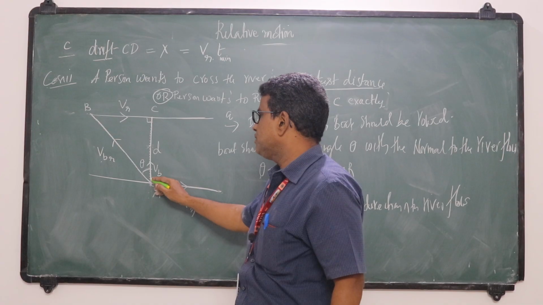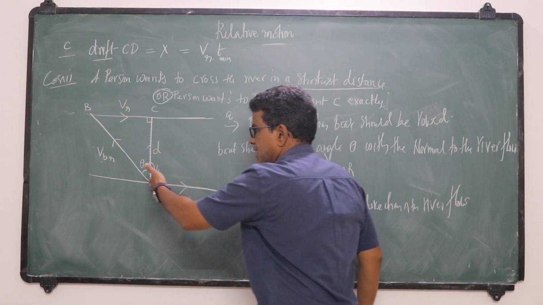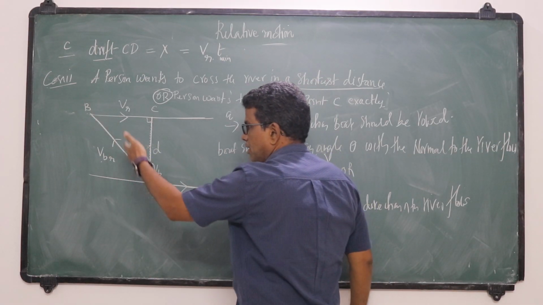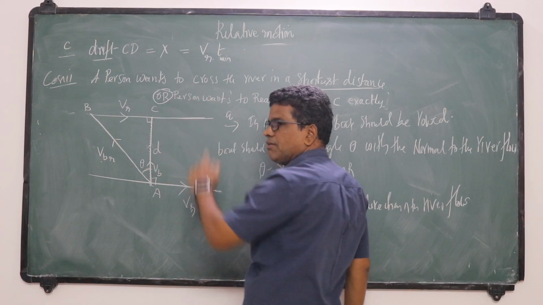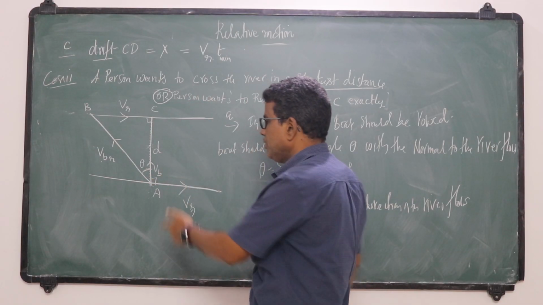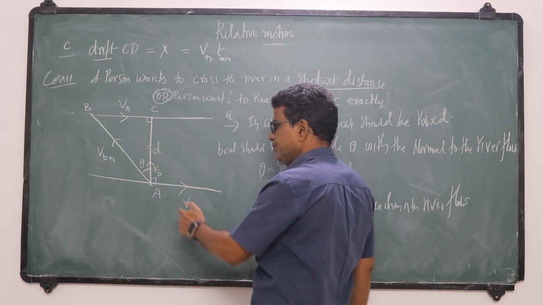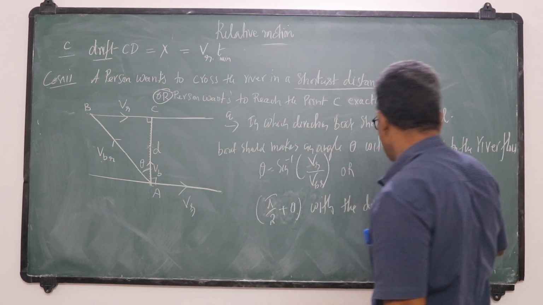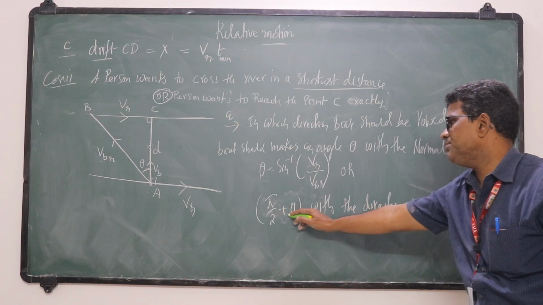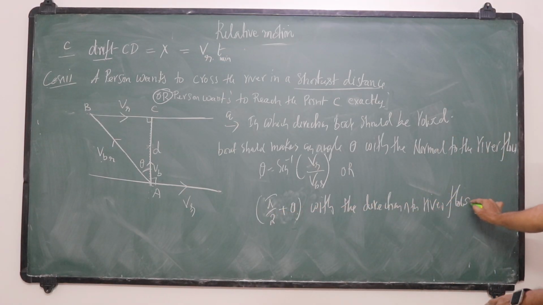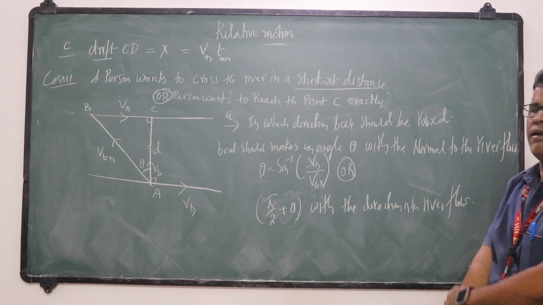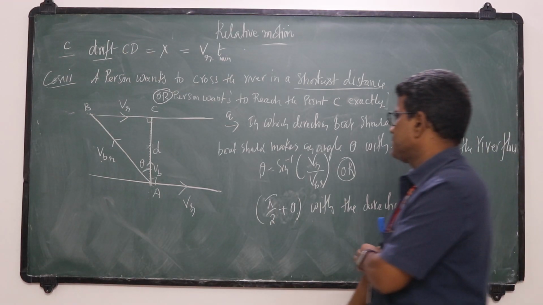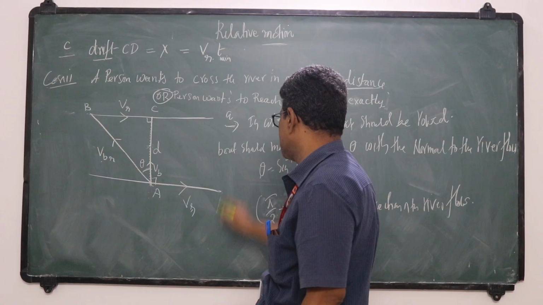So in which direction should the boat be rowed? In this direction, along AB. It makes an angle theta with the normal to the river flow, or 90 plus theta, that is pi by 2 plus theta, with the direction of river flow. You can say this one or this one. Both answers are right.